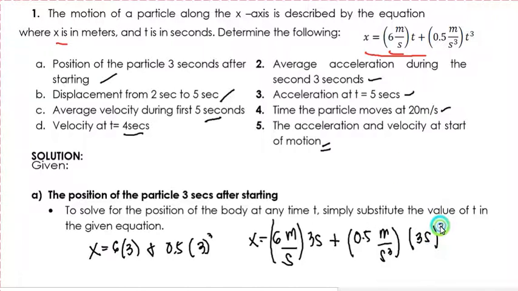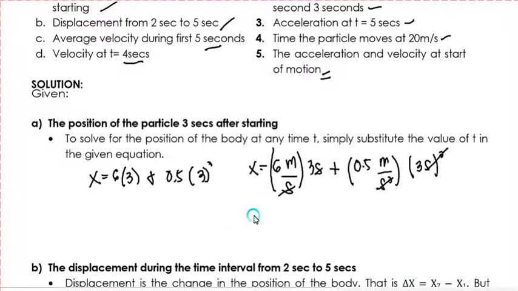Okay, so pwede natin makancel diri ang mga values na pwede makancel. So this one, pwede i-cancel. Next, s cube ko lang s cube, pwede man makancel. So mabiling diri, cube ko lang 3, that will be equal to 27. So x is equal to 6 times 3 is 18 plus 0.5 meters times 27.